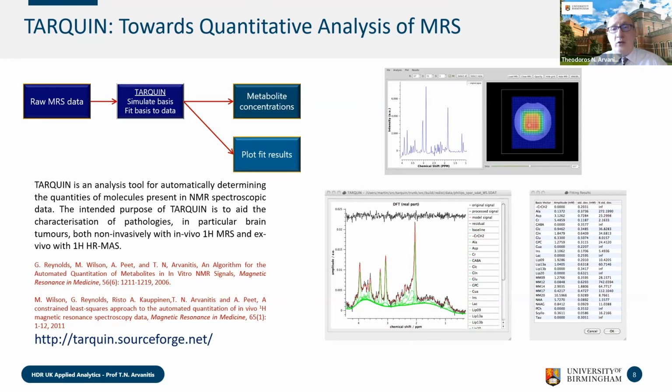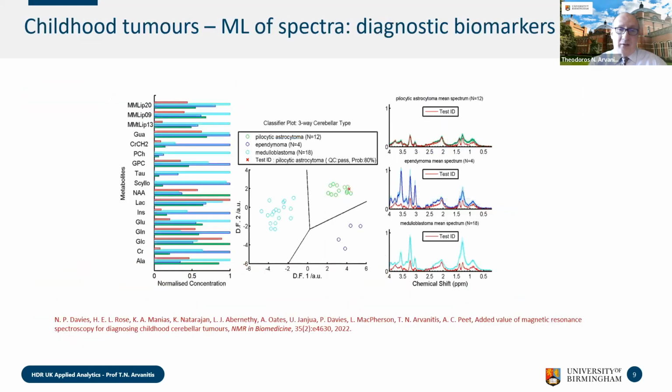And of course, this could be done at an area, a small square, a voxel, a cube, but also a larger area of the brain by transforming magnetic resonance spectroscopy to magnetic resonance spectroscopic imaging. So that's one of the interesting approaches.